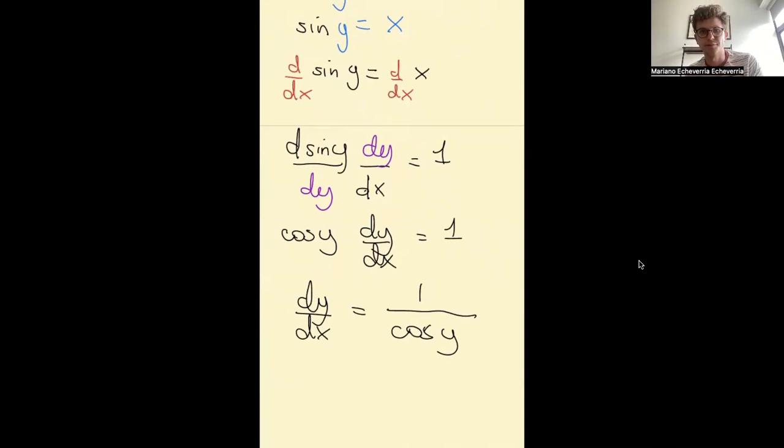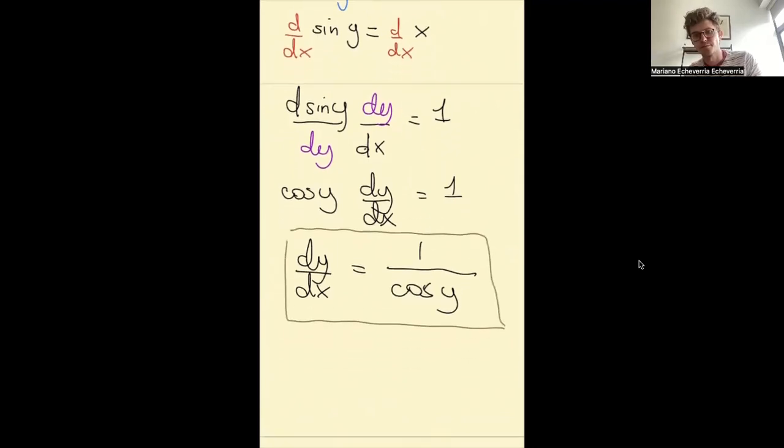Any questions up to this point? So this is more or less the correct answer. The only thing is that it looks a little bit weird, because the right-hand side is in terms of y, and we want the answer to be in terms of x.